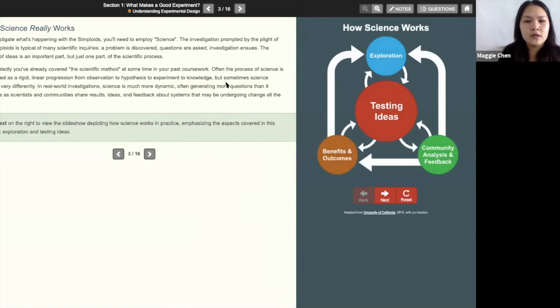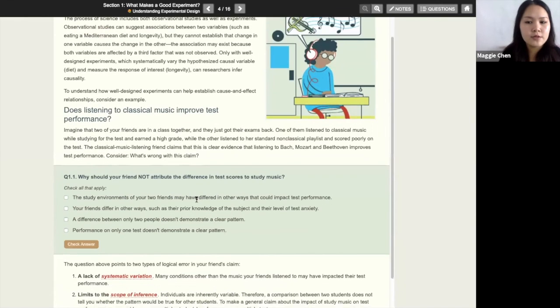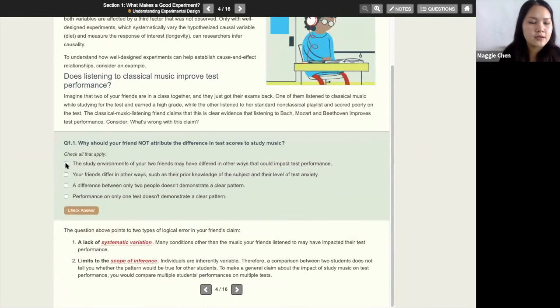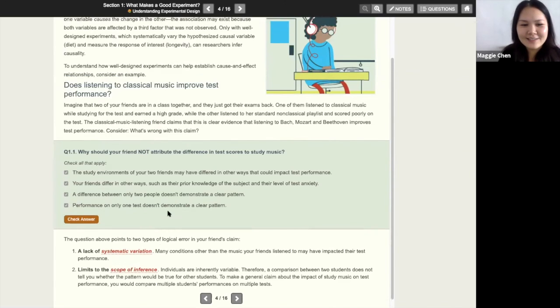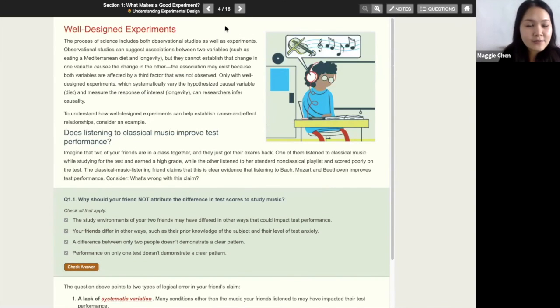It's going to go through some background information, just like what it means to use a scientific method. And if you've gone through it, this is the process for that. There's a few questions that you'll answer along the way, and it'll tell you if it's right or wrong. You'll check your answer. You can just keep on testing until you get the right answer. So really, that's basically it for section 1.